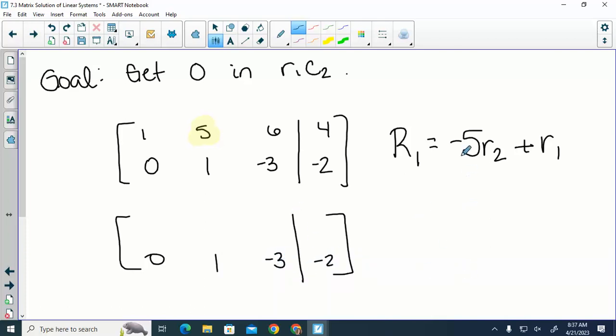Okay, so it's saying -5 times the number in row 2 plus the number in row 1.